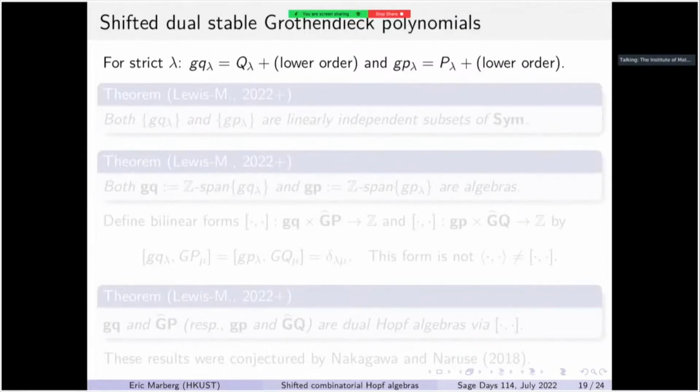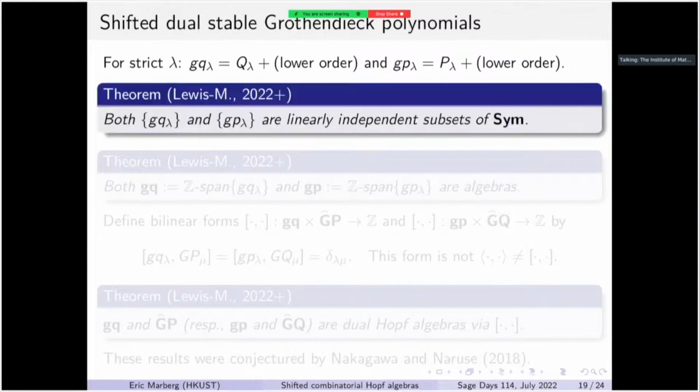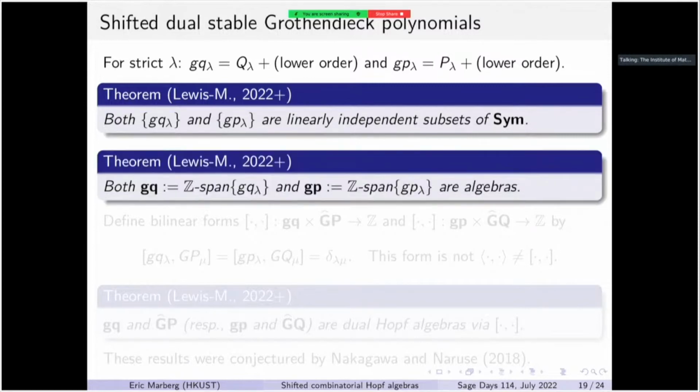So here are the interesting properties of these guys. Kind of dual to the uppercase functions, these have a highest degree term, which is a Schur Q function or a Schur P function, and then lower order terms. So these are actually symmetric functions of bounded degree. We proved that. And then if you take the span of these guys, they give you two subalgebras of symmetric functions.